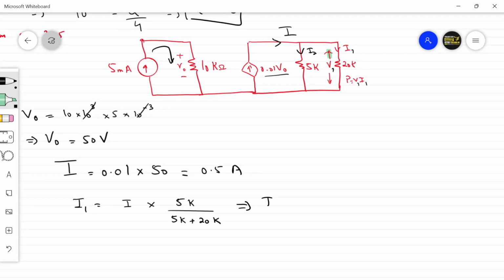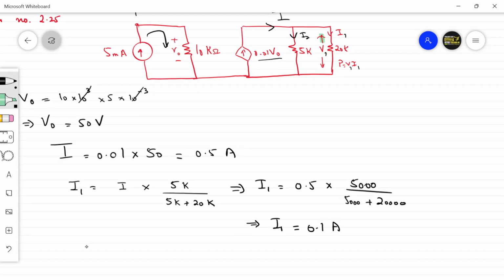Which implies I1 is equal to I, that is 0.5, into 5000 divided by 5000 plus 20,000. 5,000 by 25,000 is 1 by 5, so this is 0.5 divided by 5, which means 0.1 amperes. Fine. So I1 is equal to 0.1 amperes.